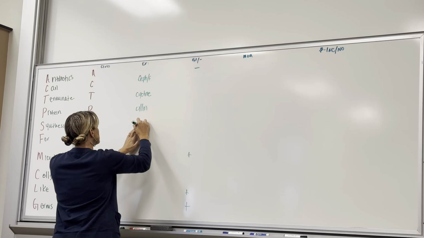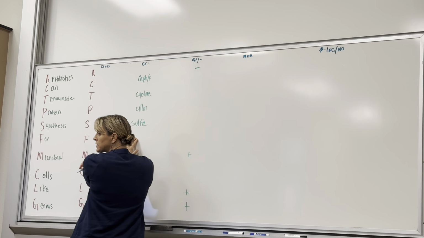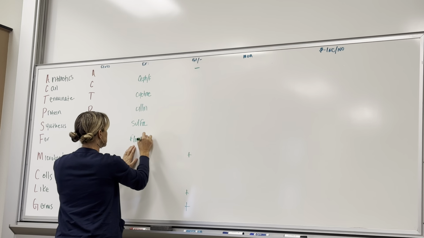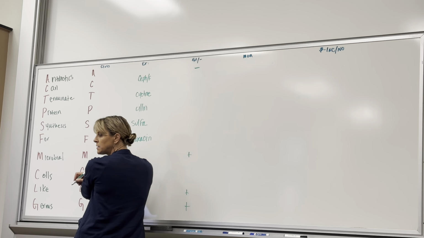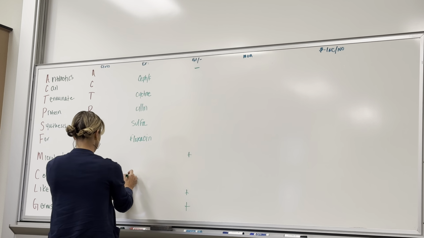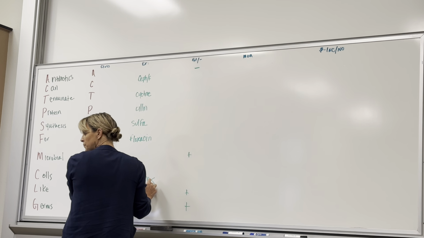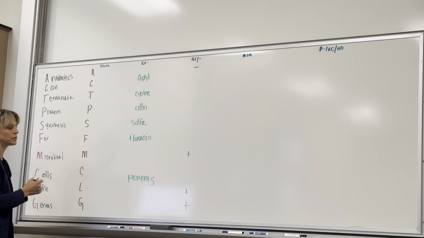Sulfonamides is the sulfas. And then ciprofloxacin, the floxacins. And then the azithromycin, the penems. So these are penems. And that's it. So those are the examples that we know.